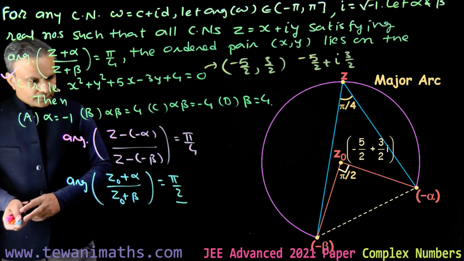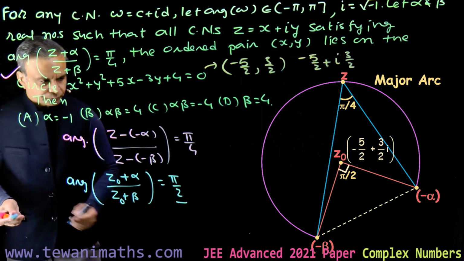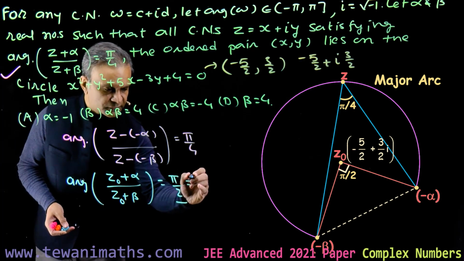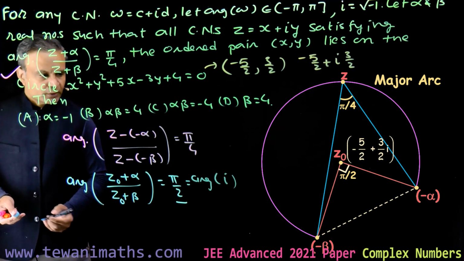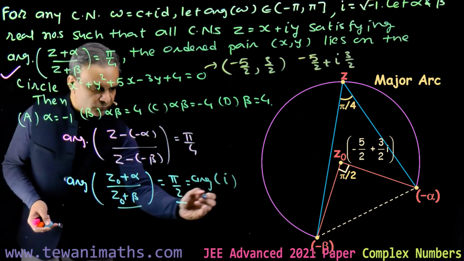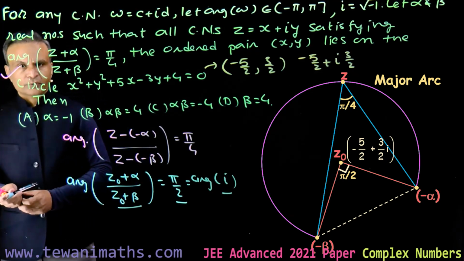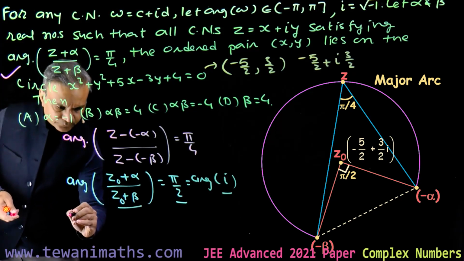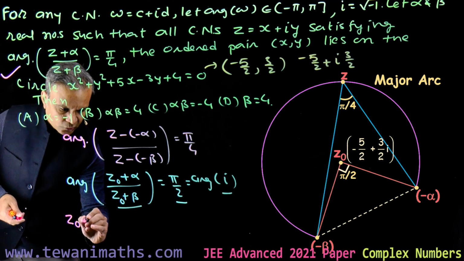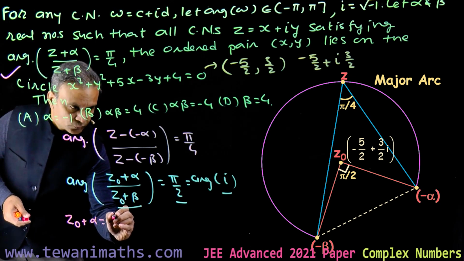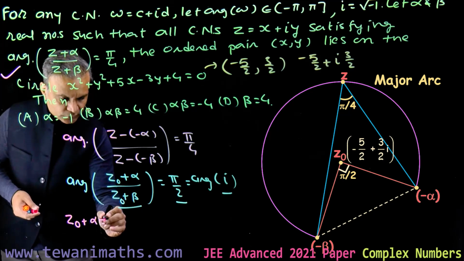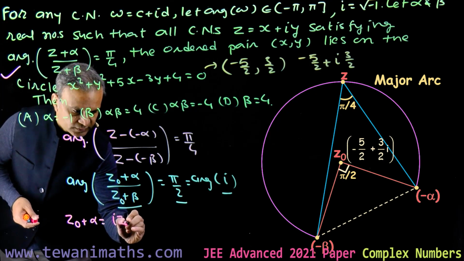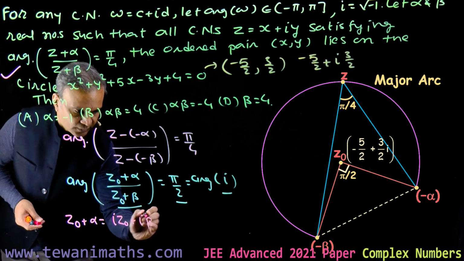That means this is the argument of complex number iota, so this complex number will be equal to iota. So we get Z naught plus alpha is equal to iota Z naught plus iota beta.